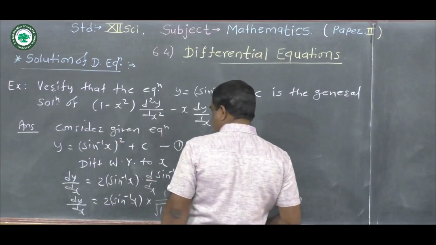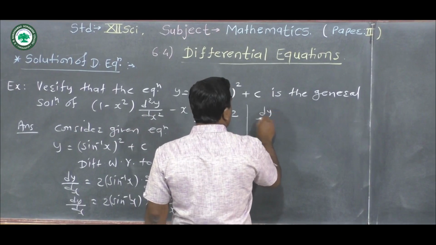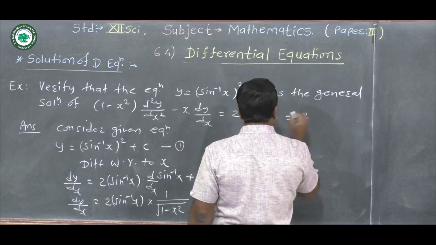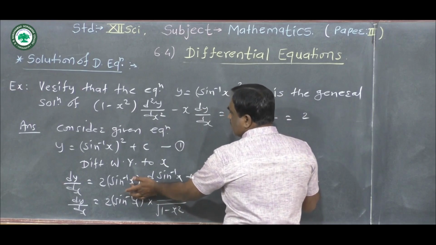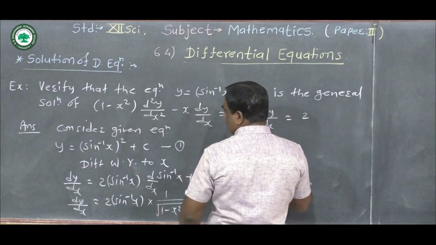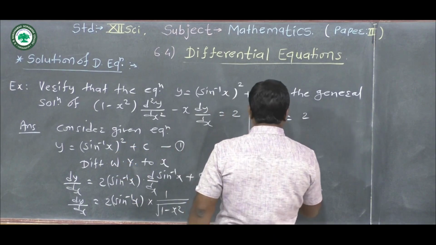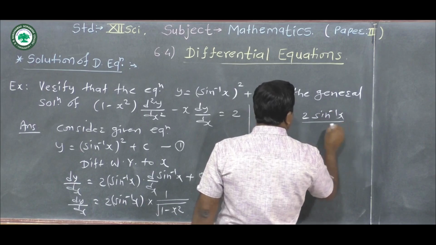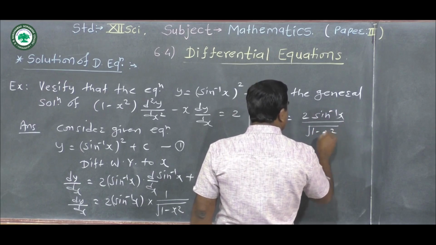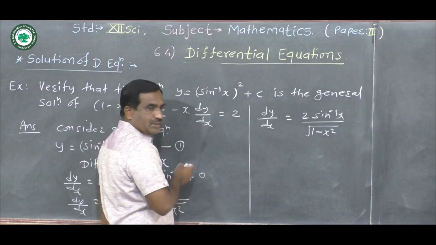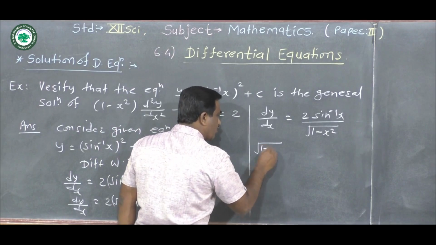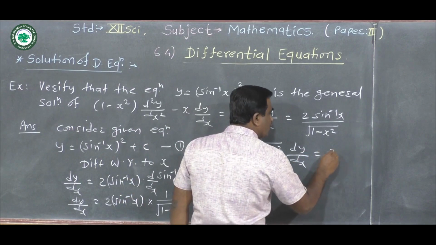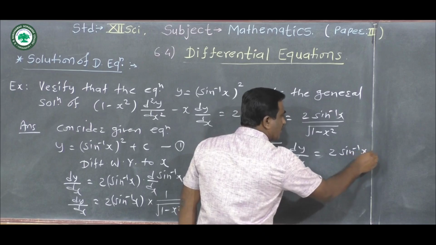That is, we can write here dy by dx is equal to 2 into sin inverse x, upon under root 1 minus x square. Okay, now take this term to the other side, then we can write under root 1 minus x square into dy by dx is equal to 2 into sin inverse x.